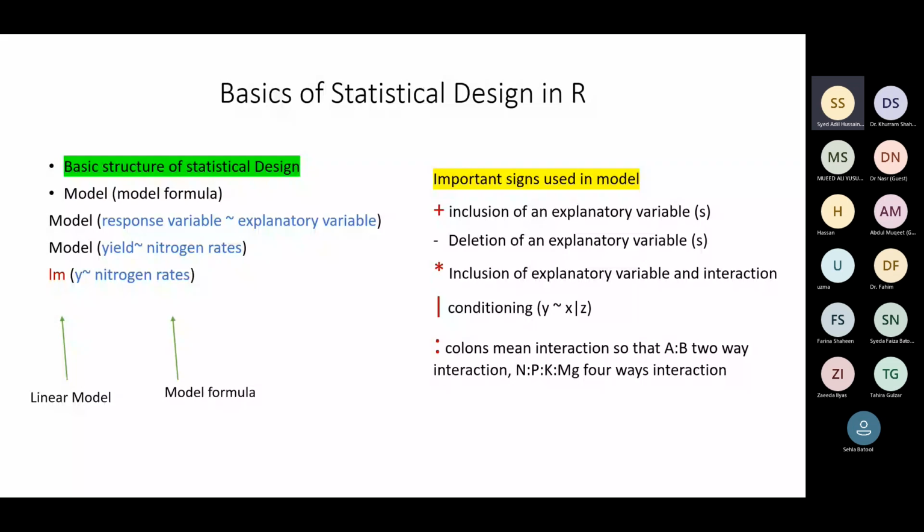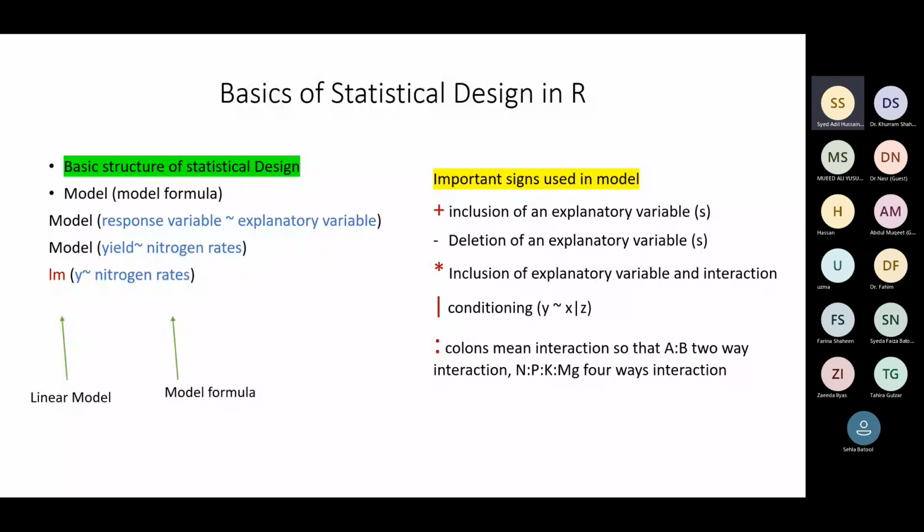In the model formula, first we write the dependent variable, then the independent variable. If we have to add any independent variable, then the plus sign is used, and for deletion the minus sign. If we have to define any interaction, then the star sign is used, the slash sign is used for condition, and the colon sign is used if we have to specify an interaction.